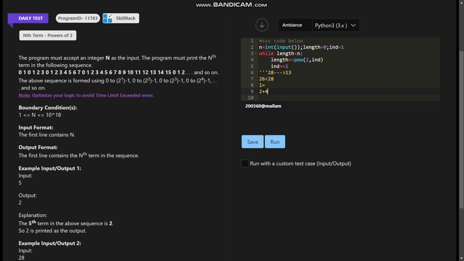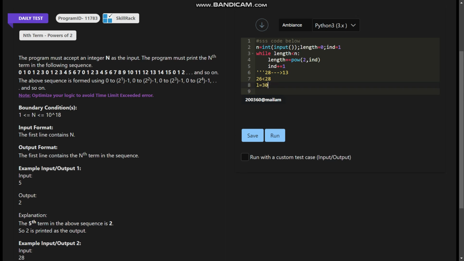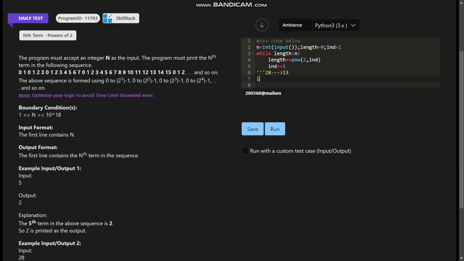Let's check: 2 plus 4 plus 8 plus 16. 2 plus 4, 6. 6 plus 8, 14. 14 plus 16 is 30. Now the length value becomes 30. Is 30 less than 28? No, the condition fails.